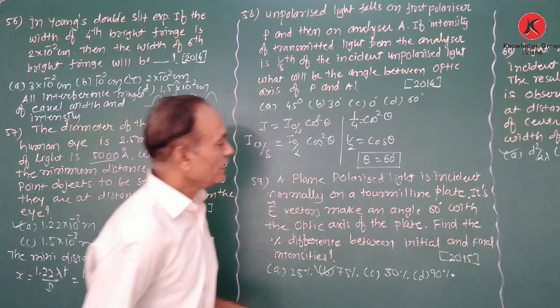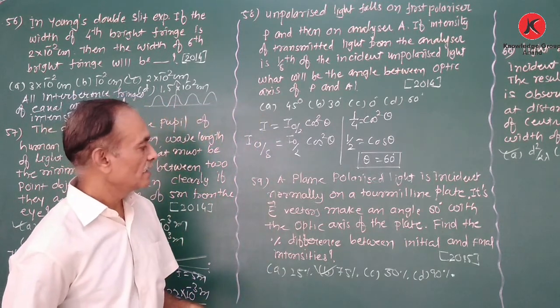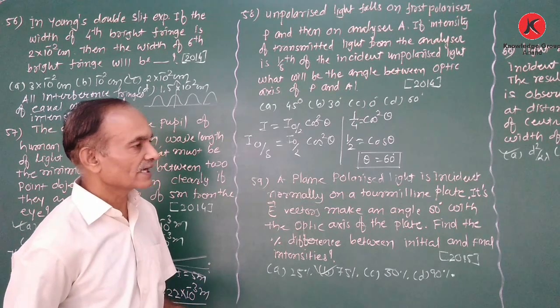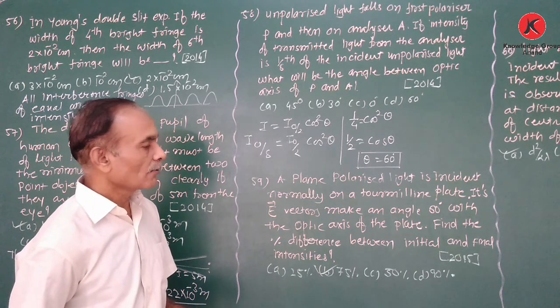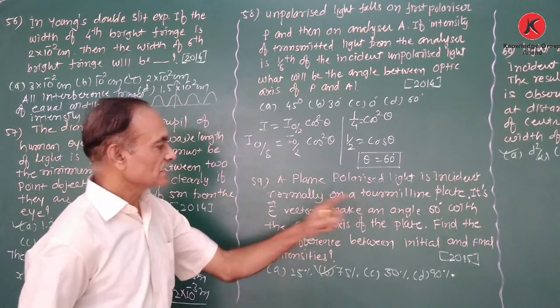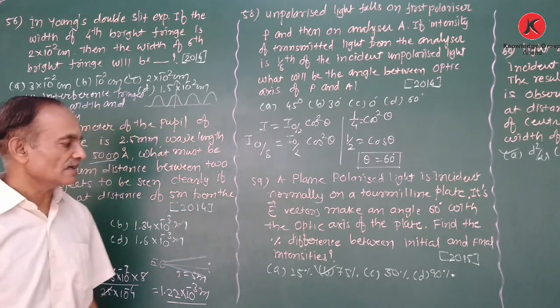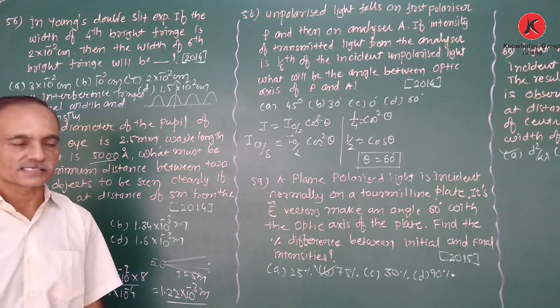After that, a plane polarized light is incident normally on a polarizing plane. Its E vector makes an angle 60 with the optic axis. Find the percentage difference between initial and final intensities.